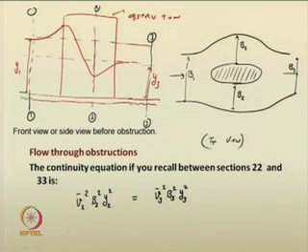We have to incorporate the energy equations also between the sections and analyze how we can analyze flow through obstructions. At the obstruction, the Froude number can be given like this.